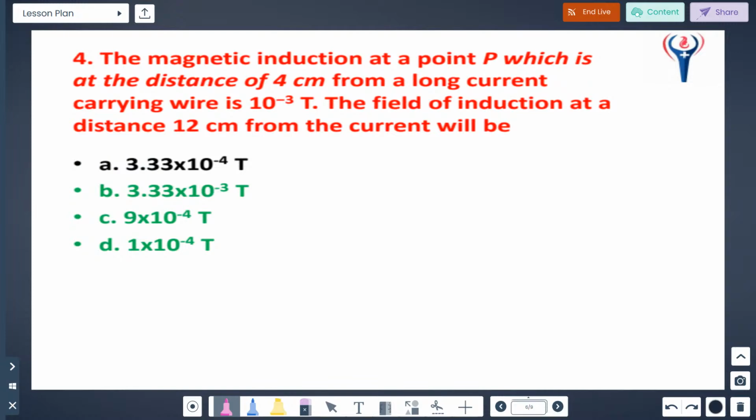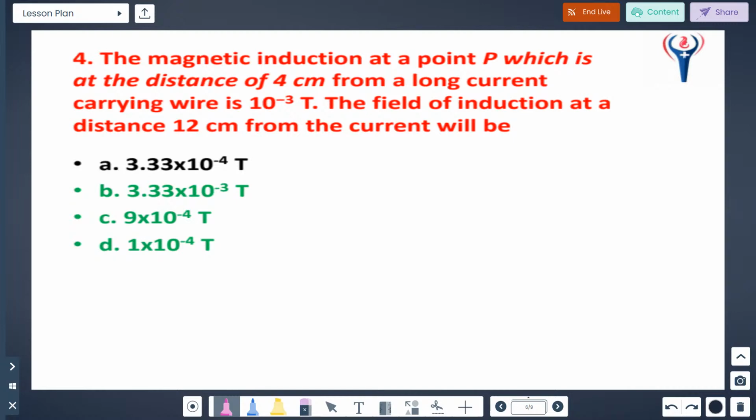The magnetic induction at a point P, which is at the distance of 4 centimeter from a long current carrying wire, is 10 power minus 3 Tesla. The field of induction at a distance of 12 centimeter from the current will be dash.